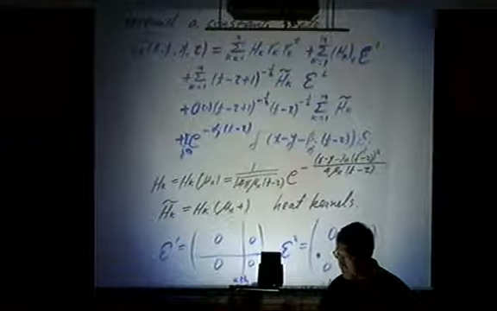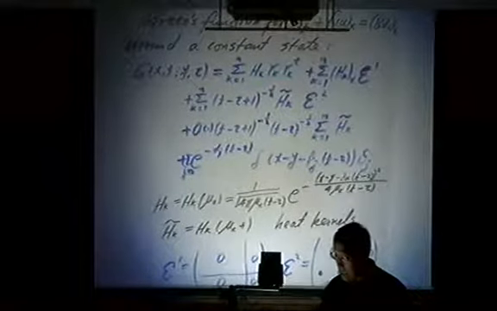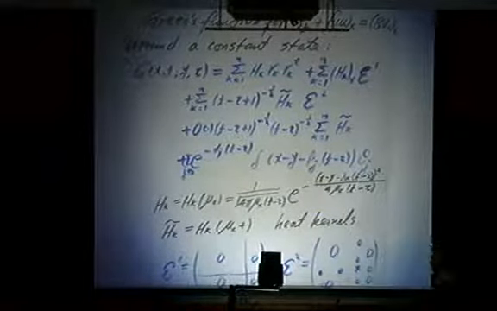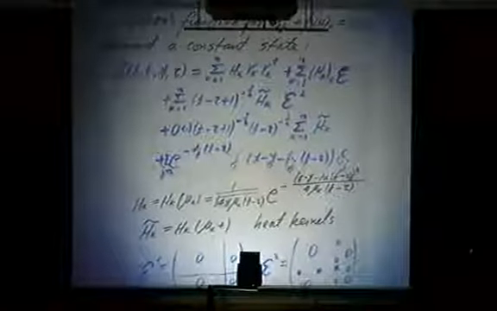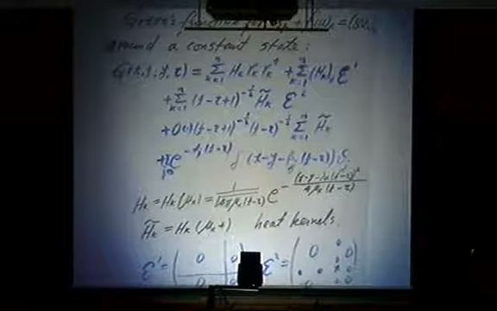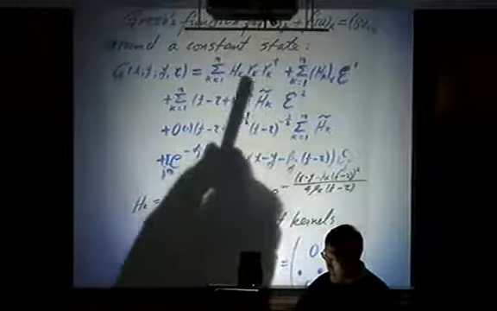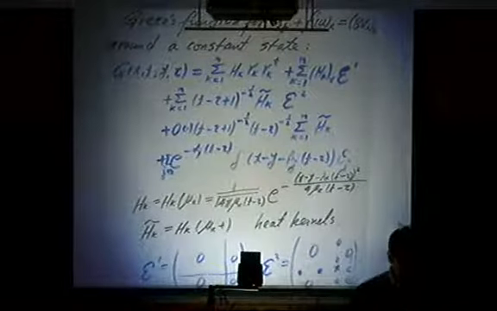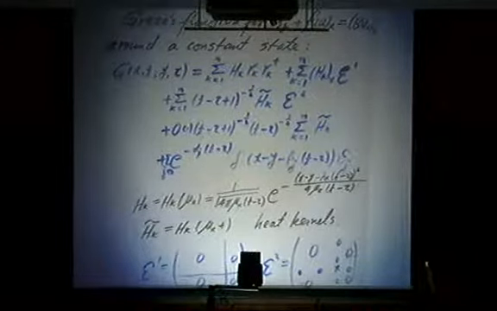The Green function for such a system has this structure. Don't look at it too carefully. But this is RK, which means that the hyperbolic part dictates the propagation of the wave, the direction of propagation of the wave.